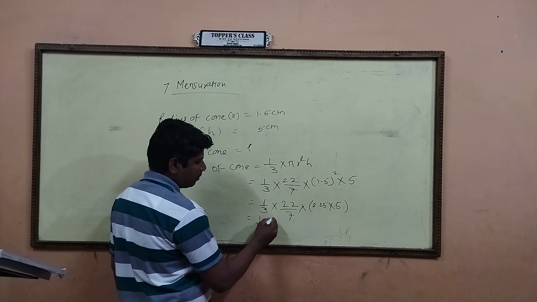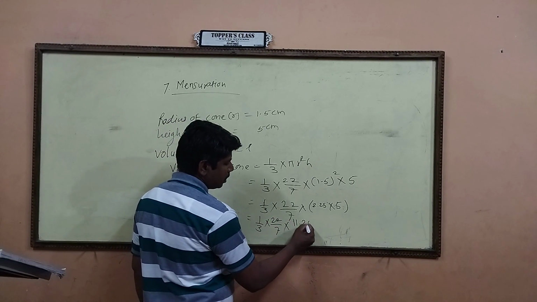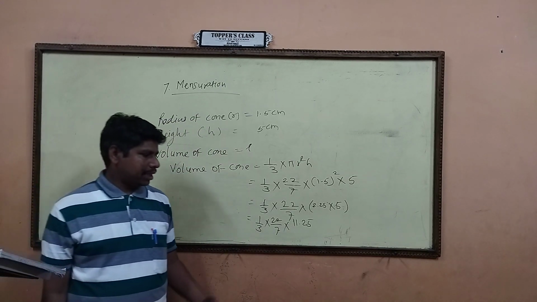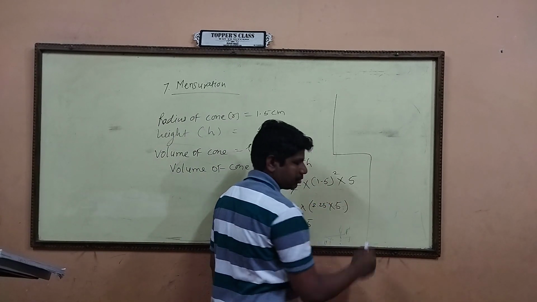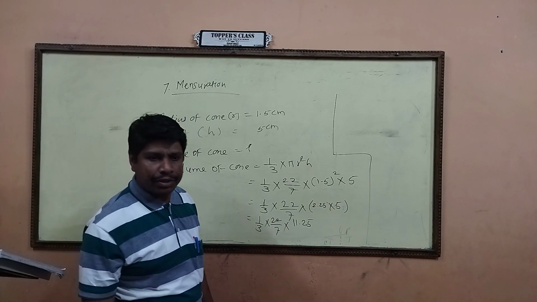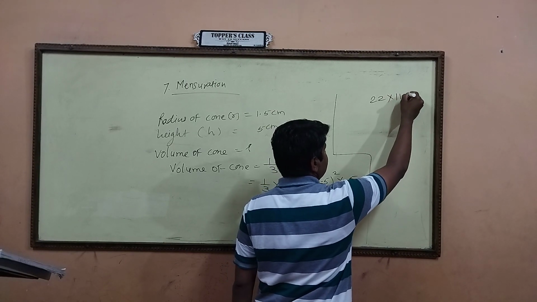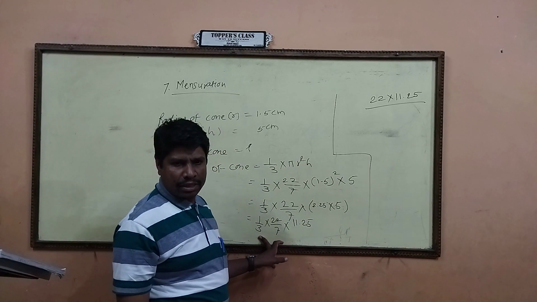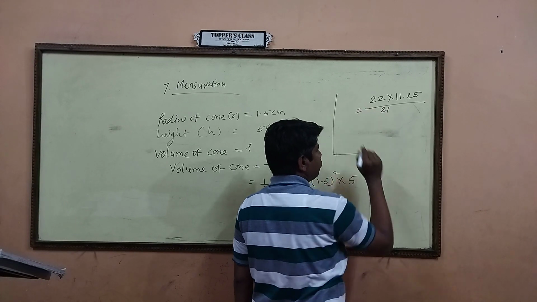1/3 multiplied by 22/7 multiplied by 11.25, as you said, so I have written 11.25. Now here 22 ones are 22, and 3 sevens are 21.